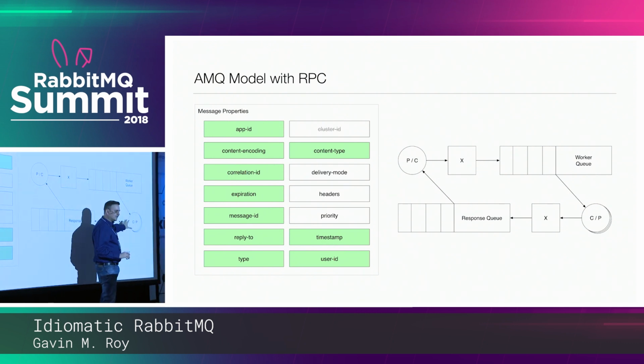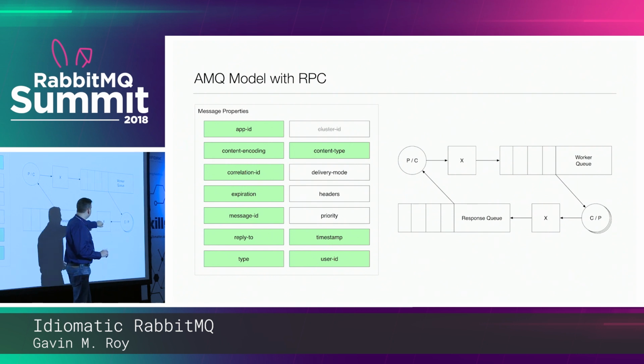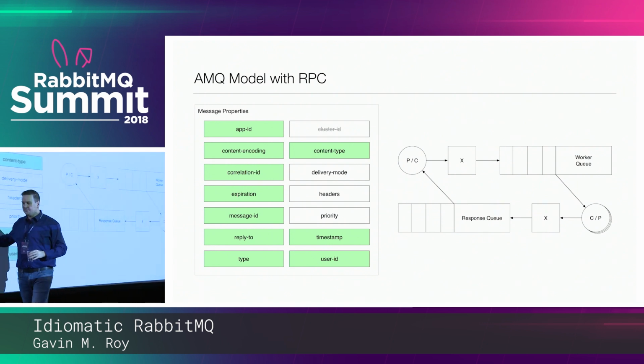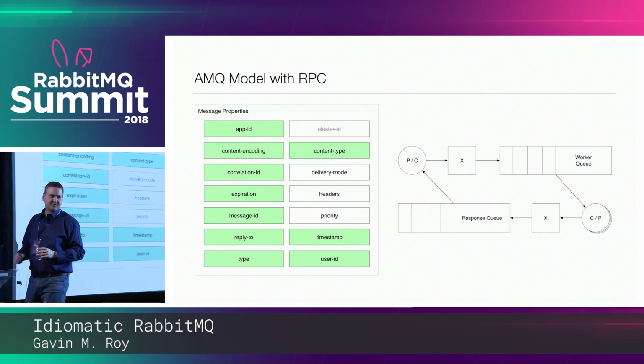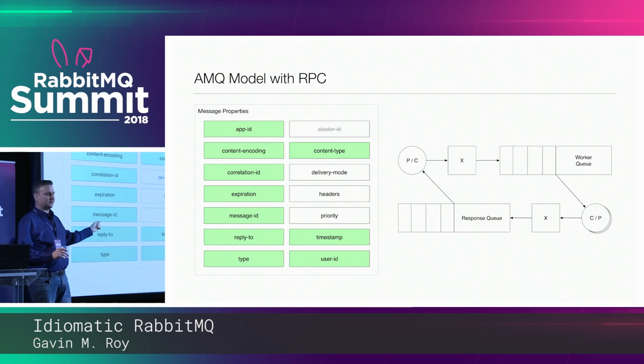Again, we have these combination consumer publishers that are processing and doing our work, sending it back to a response queue, and we're going to use the reply to header to say what that response queue is going to be. Keeping track of the timestamp of when the message itself was published is important.